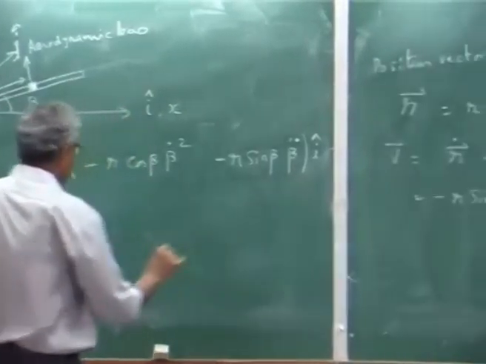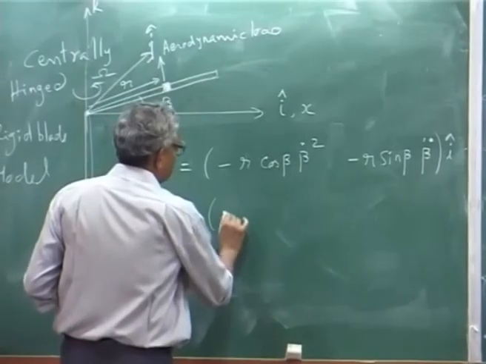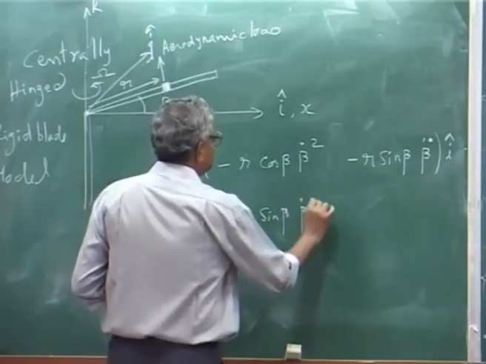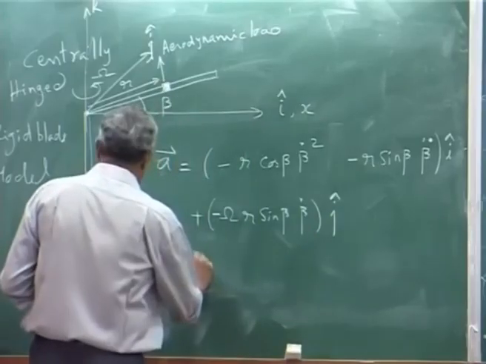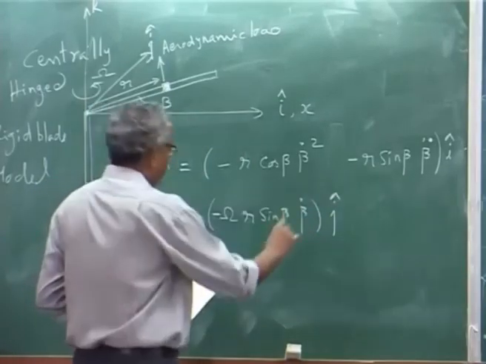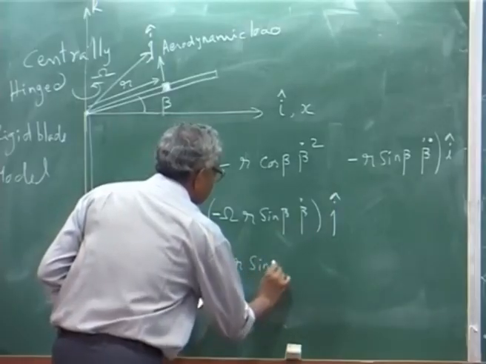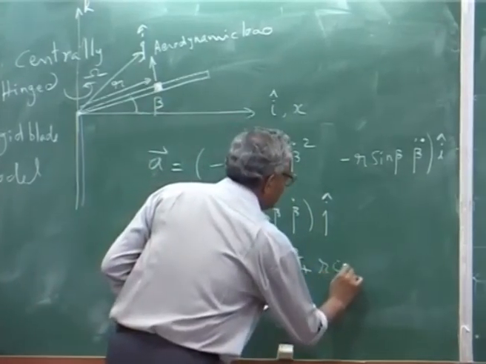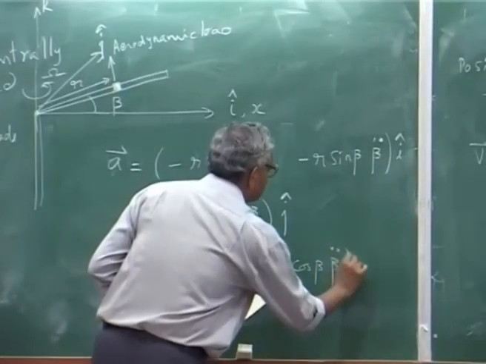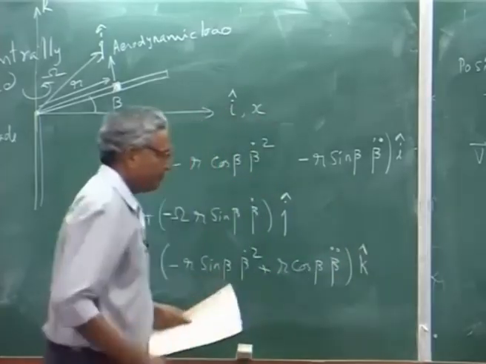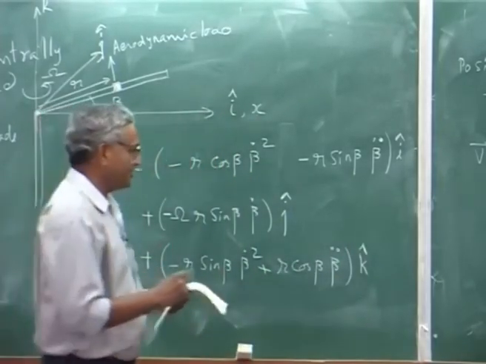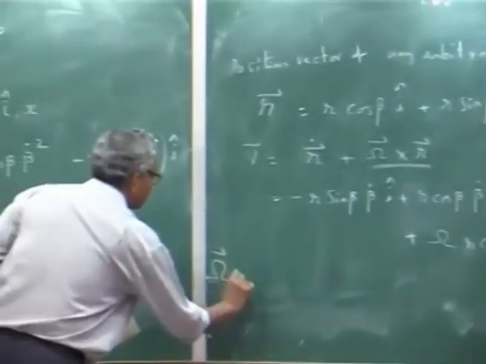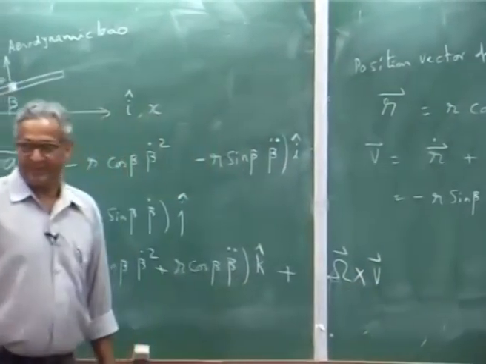Then the j term, plus omega r, sorry, with a minus sign, sine beta dot j, plus minus r sine beta dot square plus r cosine beta double dot k. Plus, because of the rotation, you will have omega cross this expression, the v. Omega cross v.